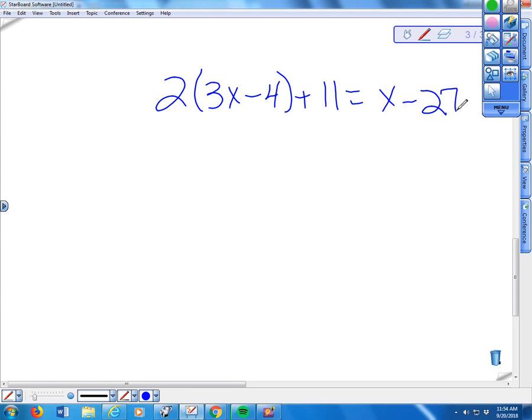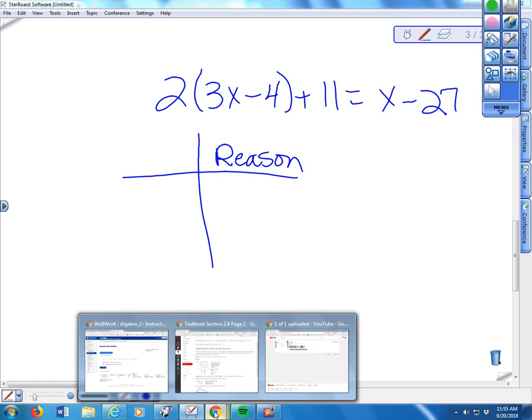Normally in algebra, we were just asked to solve for x. Now they want us to actually make this a proof and justify each step, which is what we do with proofs. In two-column proofs, we have something on the left, and we have the reason on the right.